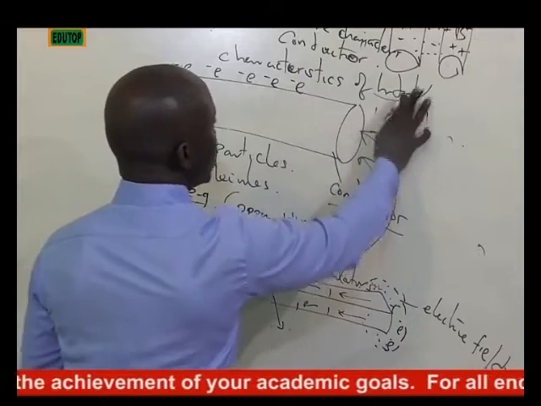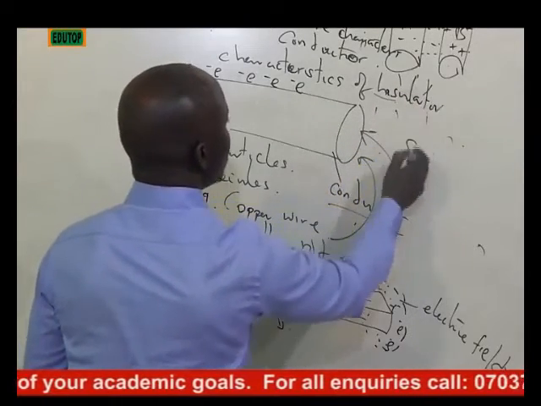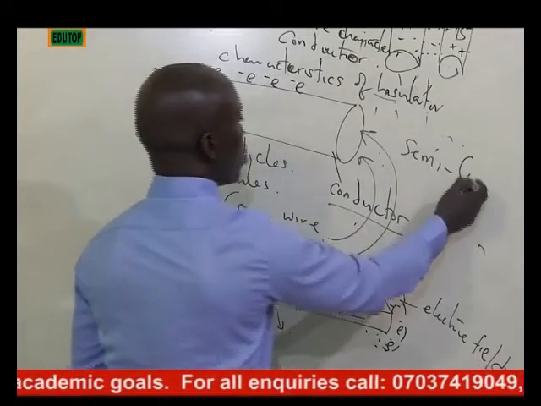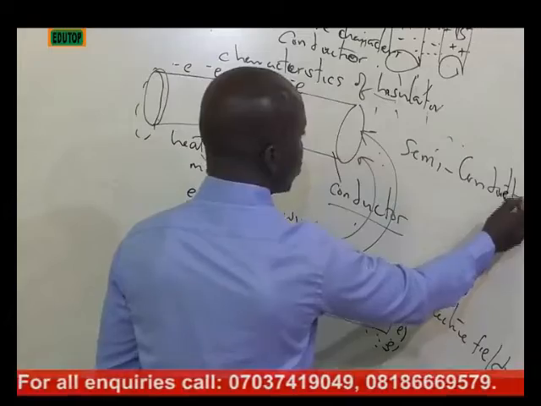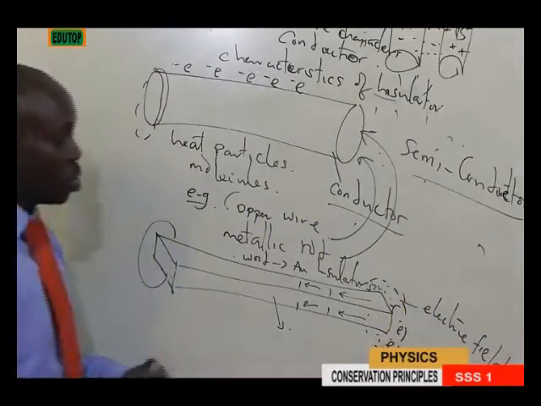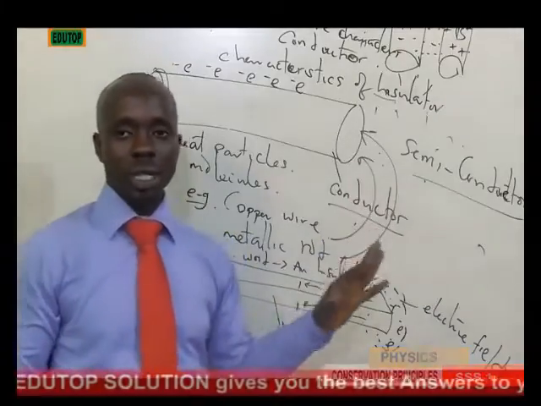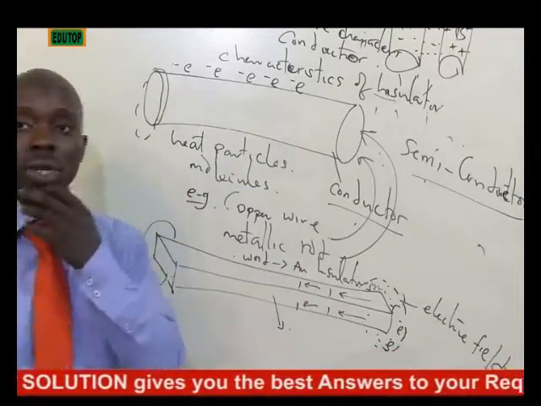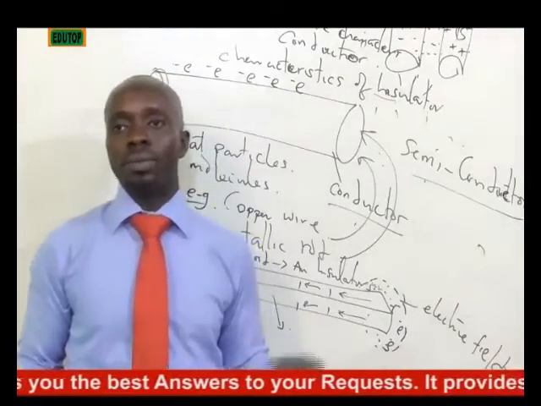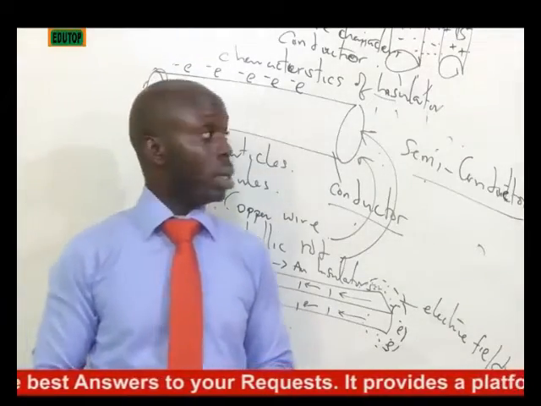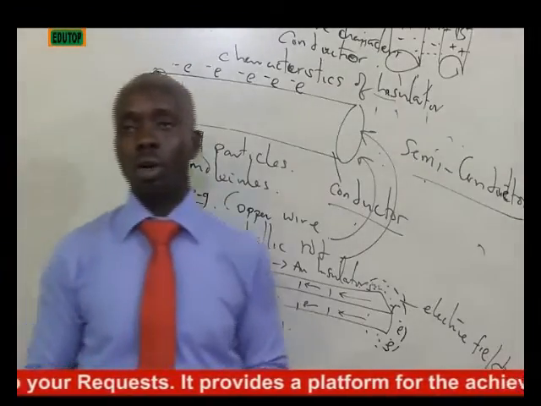That is why they call it a semiconductor, meaning that it has traits of acting as a conductor, and at the same time, little traits of acting as an insulator. So those are the three major definitions: insulator, conductor, and your semiconductors.